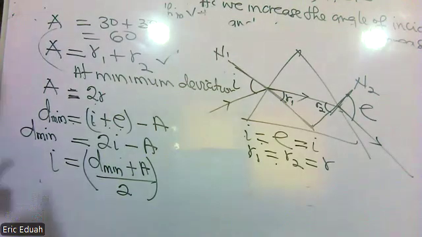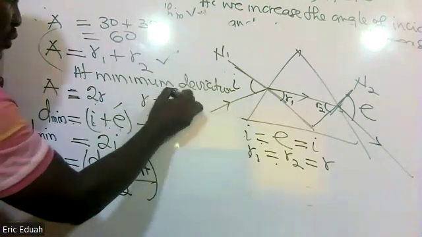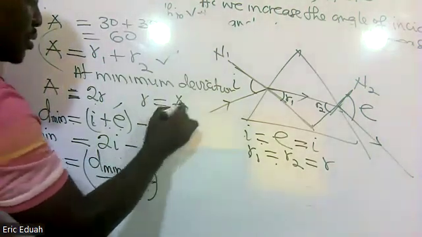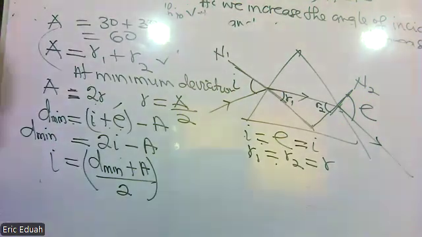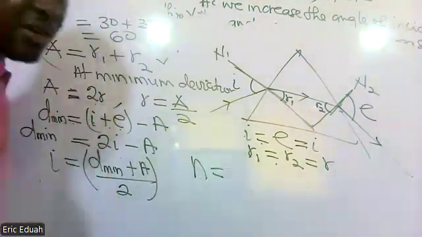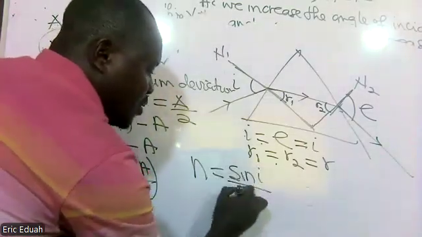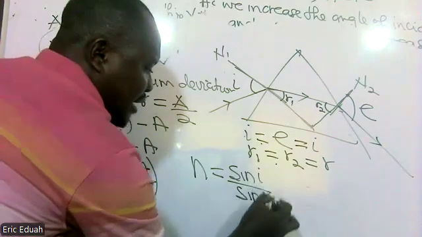Now, you see, R is also equal to A on 2. Then we determine the refractive index of the material by using sine I on sine R.